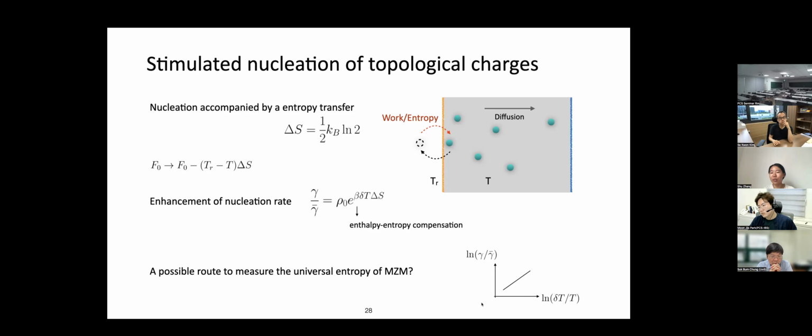Right? If this slope can be measured experimentally, this might provide a fingerprint for the existence of Majorana zero modes in vortices.